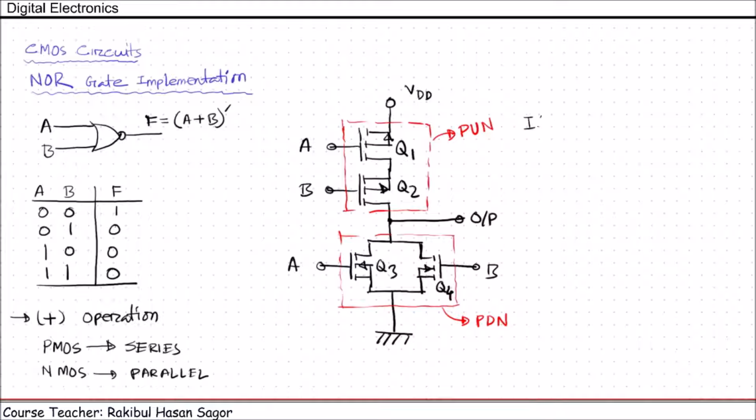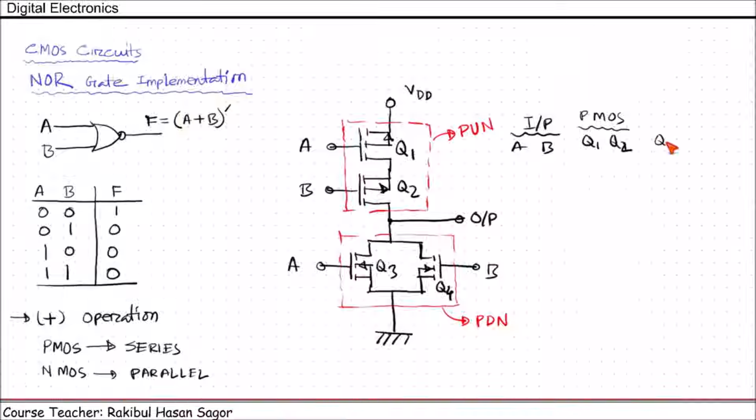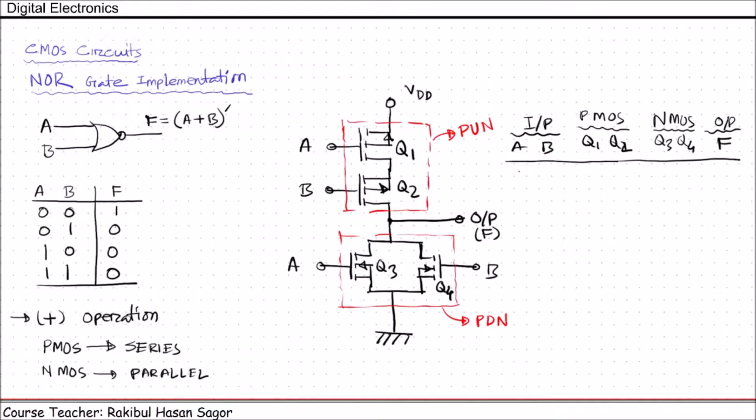Now let's see the truth table for different input sets. We have inputs A, B, then we have Q1, Q2, they are PMOS, and Q3, Q4, they are NMOS, and output F. Output which is denoted by F. So if we have 0, 0, that means the PMOSes are getting 0, 0 at the gate input.